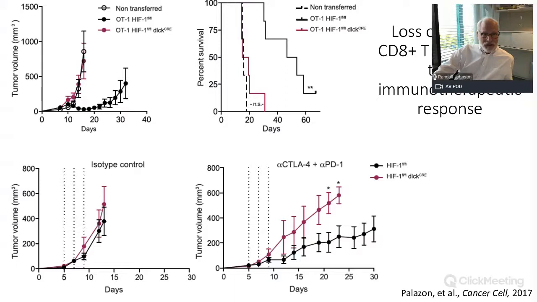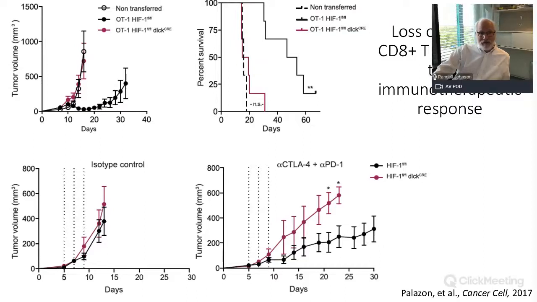And what Aziz then was able to show is the converse was also true. Basically, in the upper left-hand side, you can see there that when you transfer in T cells specifically targeted to antigen expressing tumor cells, the T cells that are wild type in the dark round circles are able to control tumor growth rather successfully, whereas when those same T cells lack HIF-1 alpha, or T cells derived from littermates lack HIF-1 alpha, their capacity to control tumor growth is little better than animals that didn't get any T cells at all.